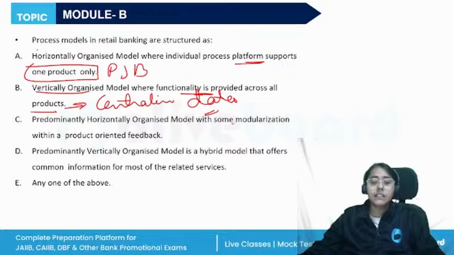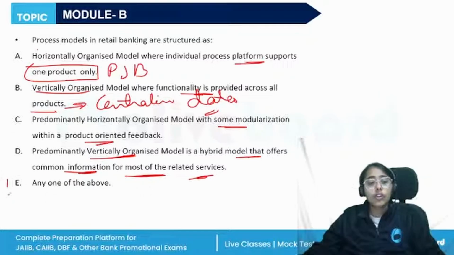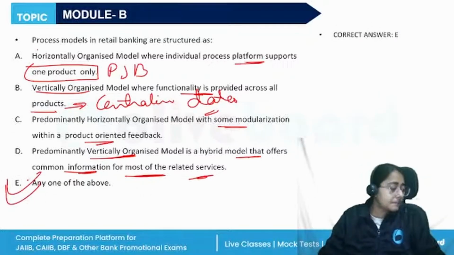Predominantly horizontal, with a product oriented approach; predominantly vertical, which offers common information for most of the related services. So all of the above or any of the above will be correct. The meaning of all the four types of processes is given here.